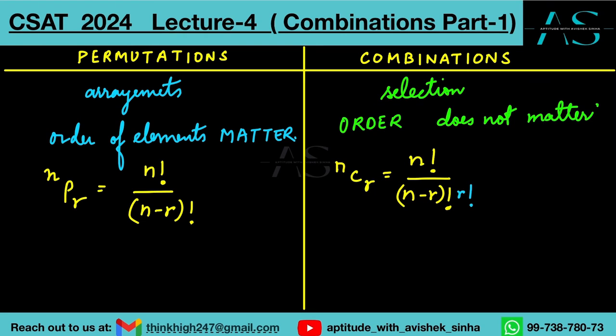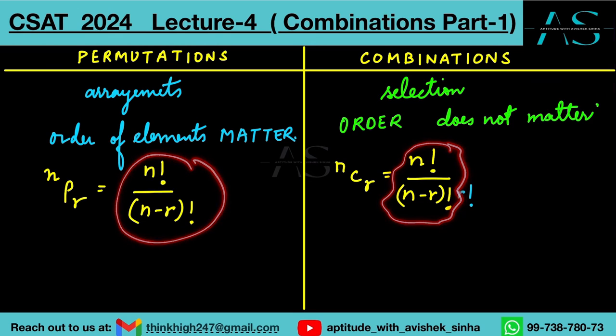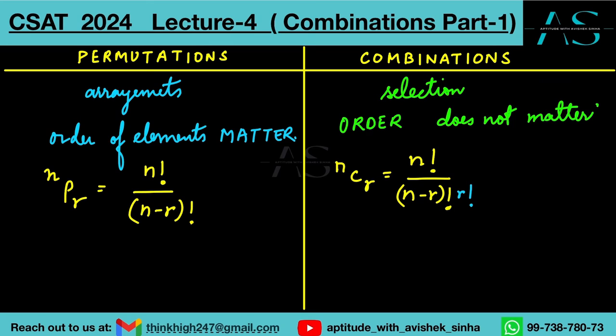So in other words, we can say nCr is nothing but nPr upon r factorial.